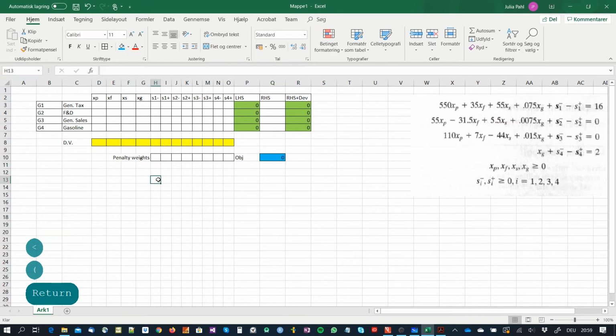And this is all for building up the template, or the structure, for this model. Now we type in the coefficients, and we can use it just with the model.